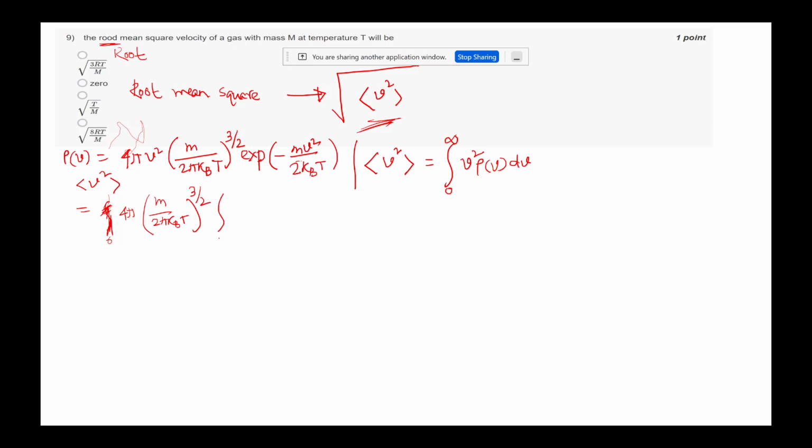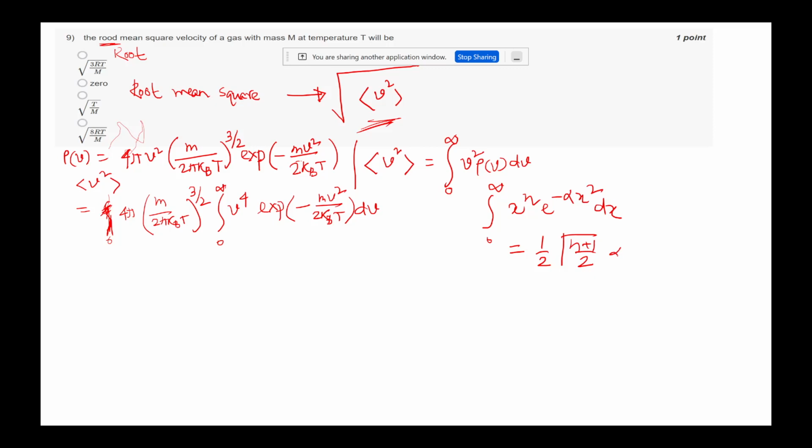Then this will be the integral from 0 to infinity of v to the power 4 exponential minus m v square by 2 k_B T dv. Now same thing, gamma integral: the integral from 0 to infinity of x to the power n e to the power minus alpha x square dx is half gamma of (n plus 1) by 2 times alpha to the power minus (n plus 1) by 2. Okay, so what will be the thing? This will be 4 pi m by 2 pi k_B T.